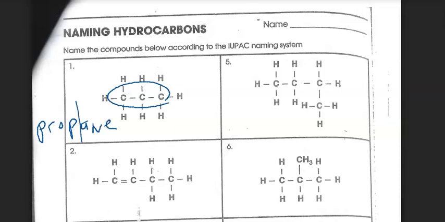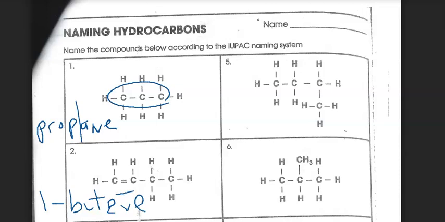So propane. For number two, now all of a sudden you have a carbon-carbon double bond. You count the number of carbons, there's a total of 4, but when you name this, you're going to name this 1-but for 4 and ene for an alkene because of the double bond.